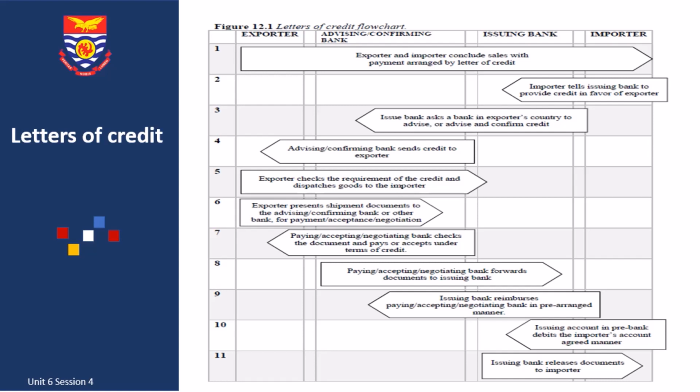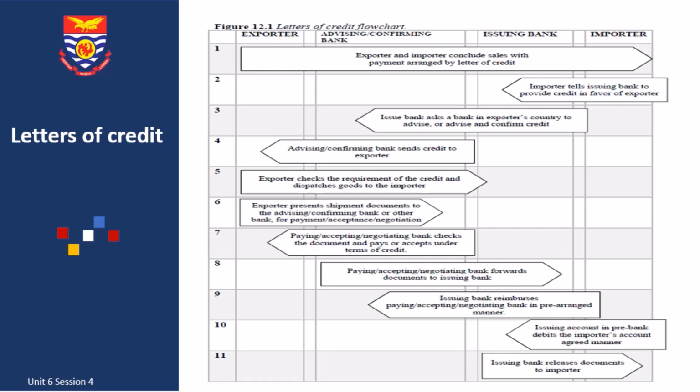Then the advising bank will confirm the credit to the exporter, which is moving from the advising bank to the exporter. The next step is when the exporter checks the requirements of the credit and dispatches the goods to the importer.